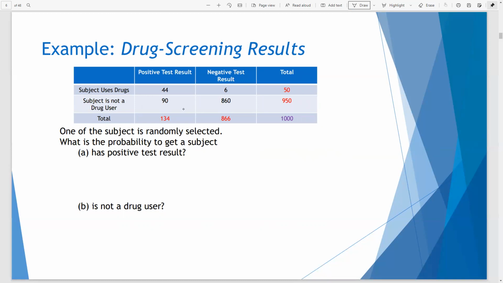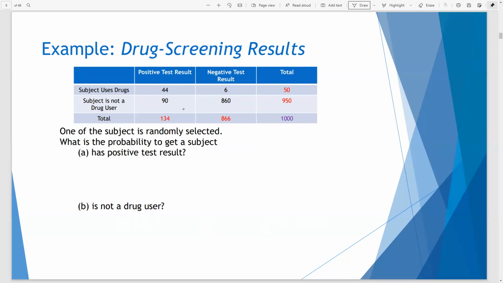There are 44 subjects who use drugs and have positive test results. There are 90 subjects not using drugs, but also have a positive test result. There are 6 subjects who use drugs, but have negative test results. There are 860 subjects who are not using drugs and get the negative test result.